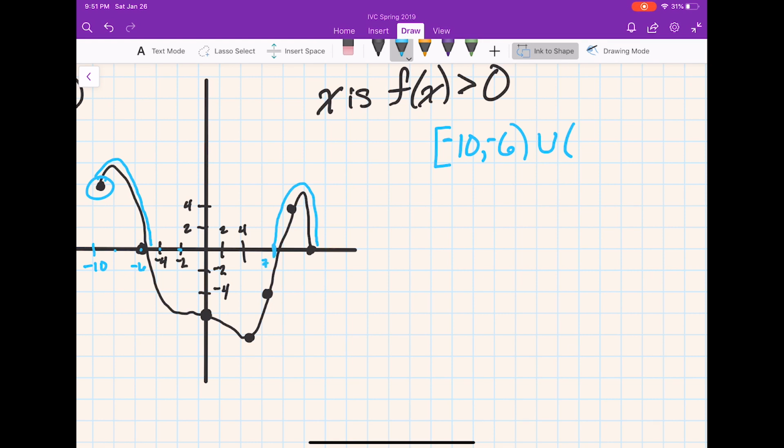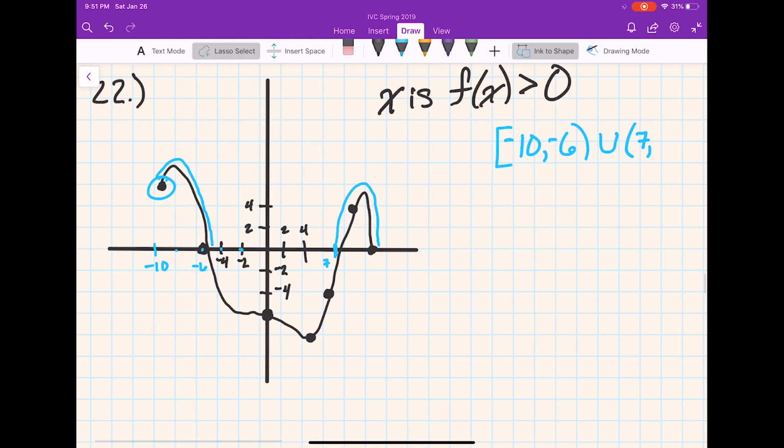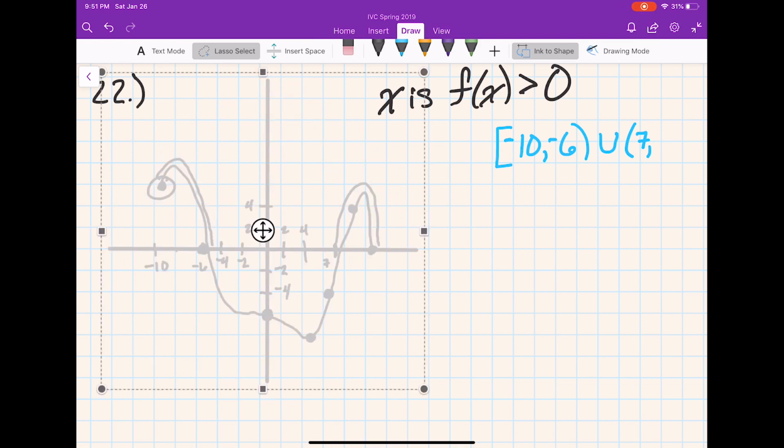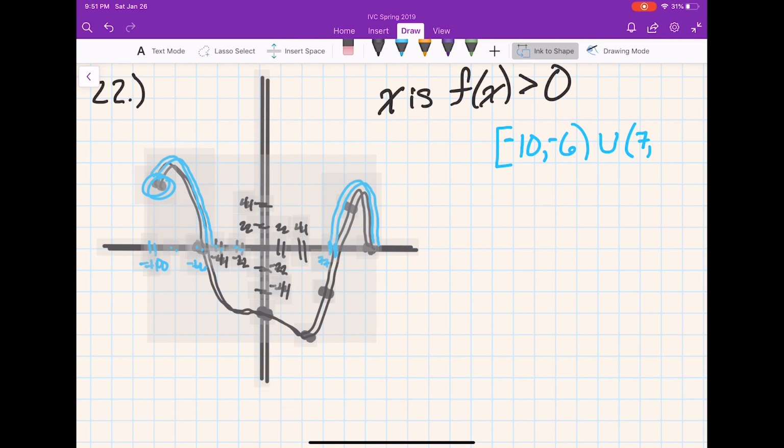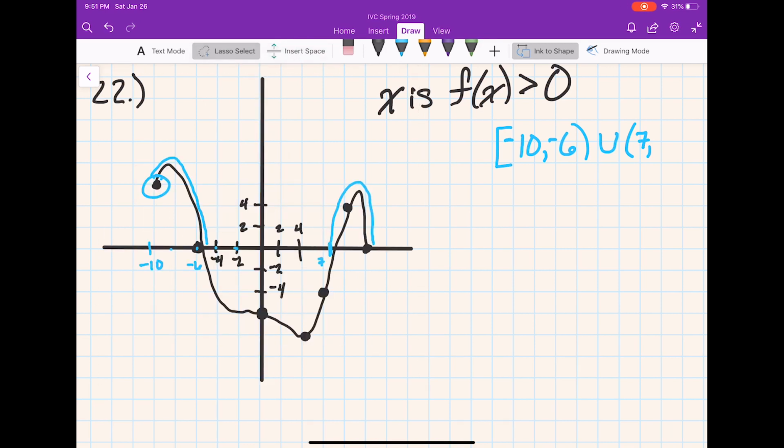Well, this is kind of why. This is really supposed to be a 7 here. And then it also goes all the way over. Let me move this to make this better. Try and get this right on one of those grid points so it helps us see what we're trying to see here.